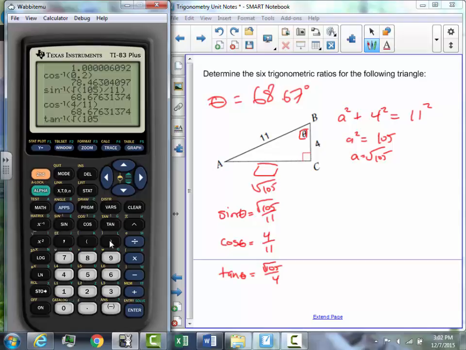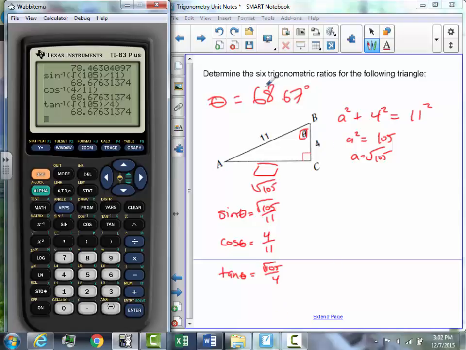Make sure you stop that square root, however your calculator does that, and divide by 4. But any of those three should give you the same answer. Does that make sense?